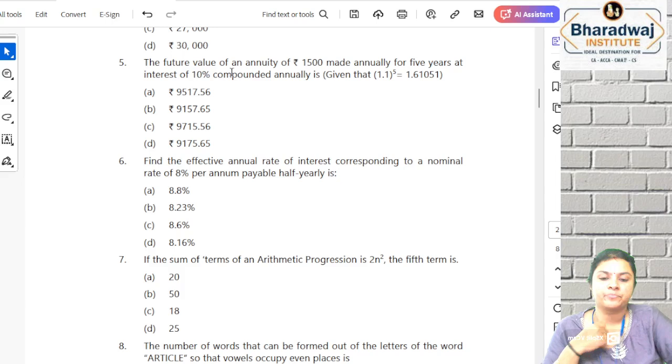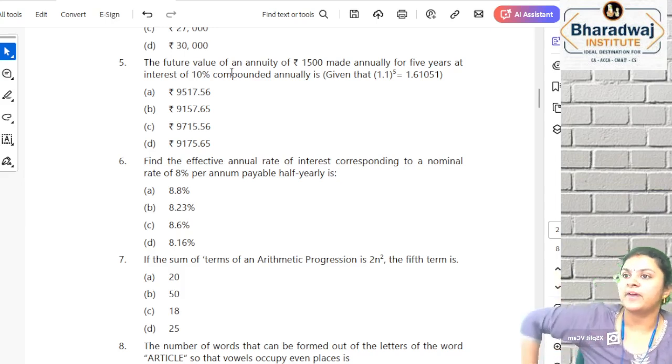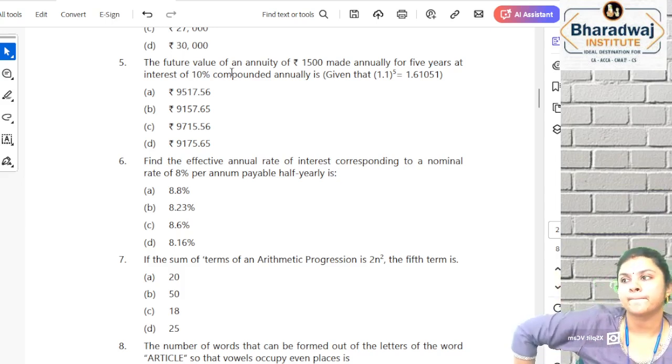Fifth one. Future value of annuity made annually for 5 years at 10% compounded annually is. So they are asking you the future value of annuity. Formula: A into 1 plus i the whole power n minus 1 divided by i.